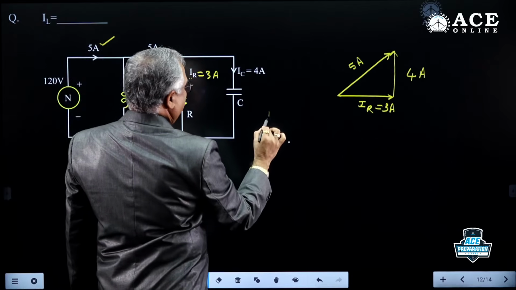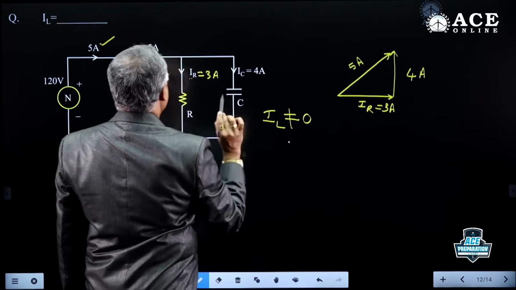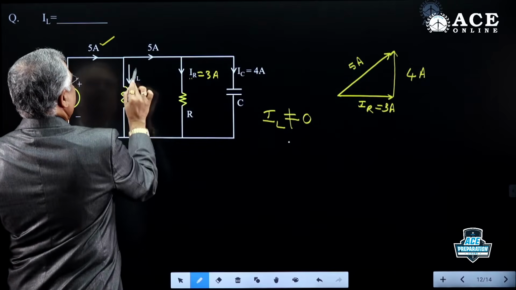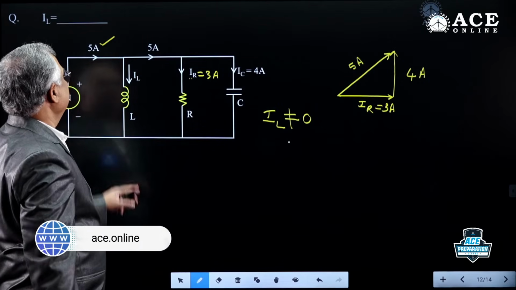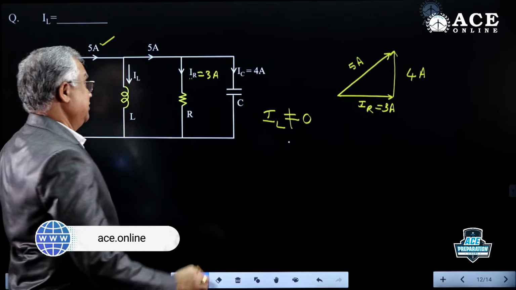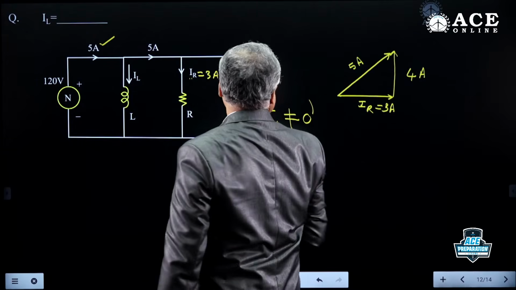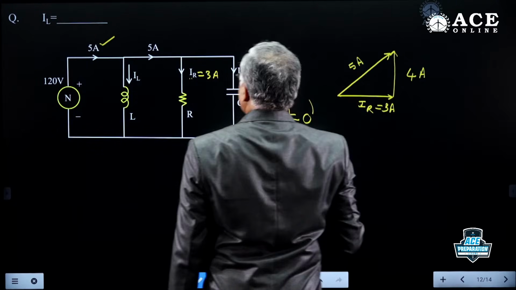IL is not 0. This is the common mistake. This is 5, this is 5. Magnitudes only equal, but IL is not 0. But for what value of IL does this current remain the same 5 amps?